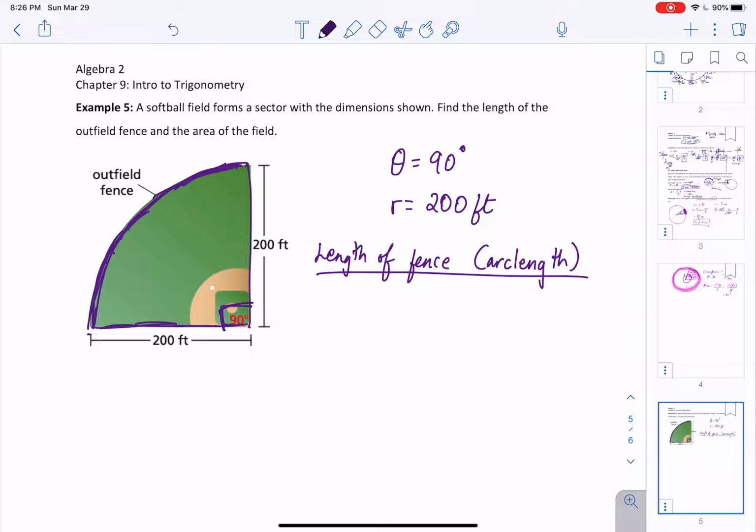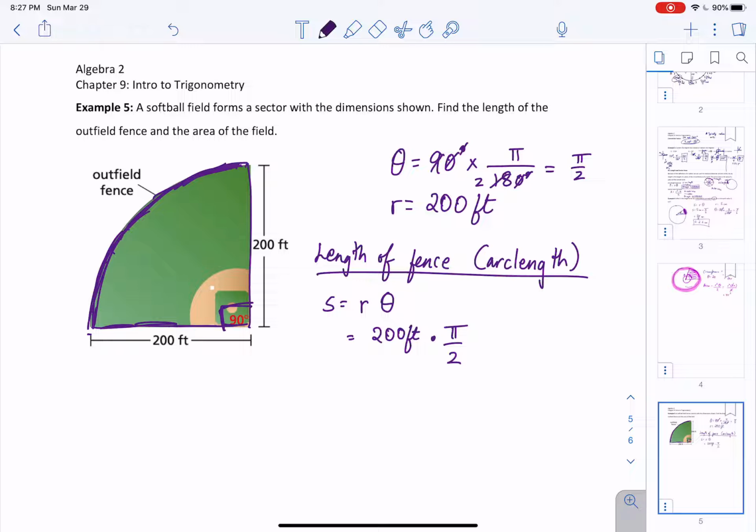So that would be taking our formula for arc length, which is r times theta. Well, theta has to be in radians again, so I'm going to multiply this to get rid of the degrees. Remember again, if you get nothing else out of this week, knowing how to convert between degrees and radians is the most important thing, because see how it keeps coming back in these problems. So r is 200 feet, and theta is pi over 2.